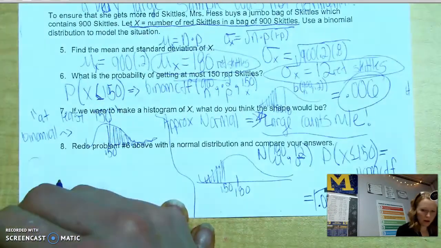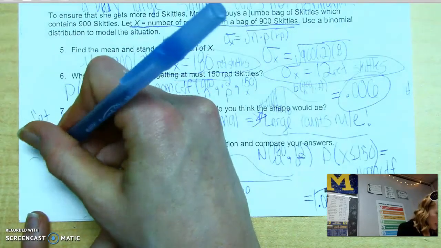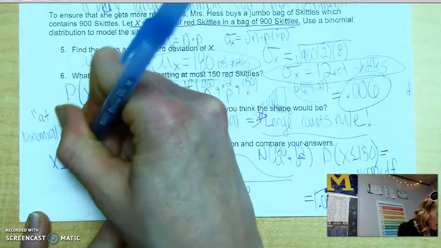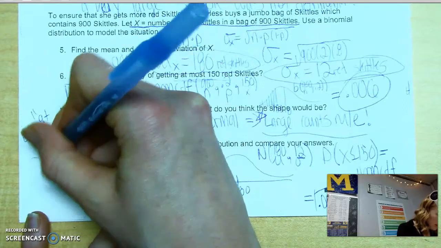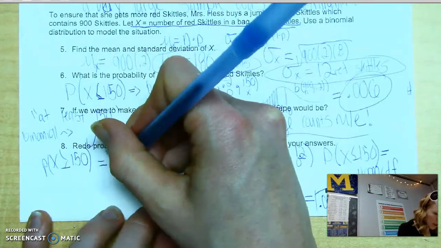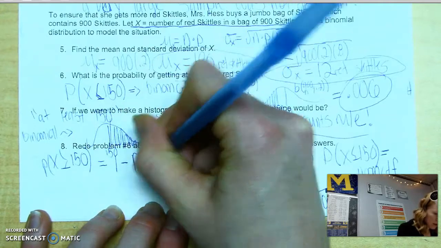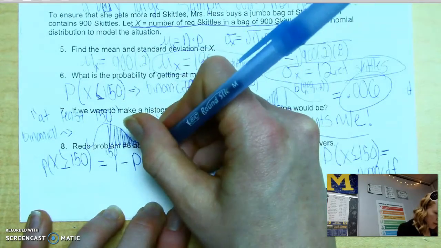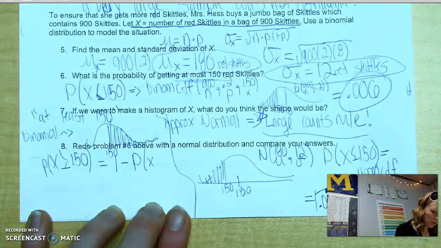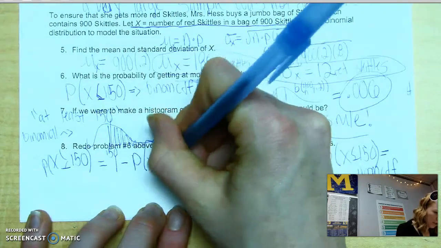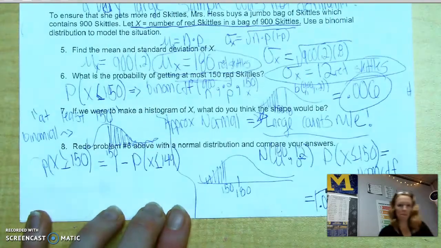So if we do at least 150, isn't that the exact same thing as 1 minus the opposite of being less than or equal to 149, right? So think about it.